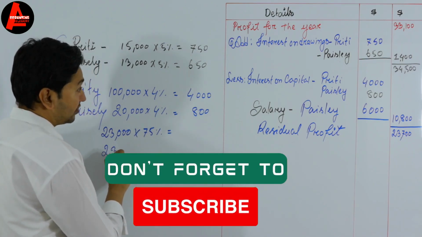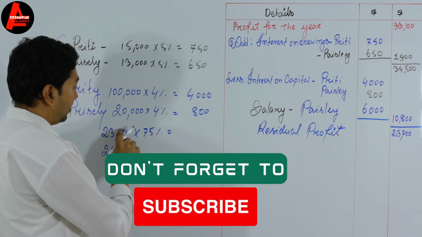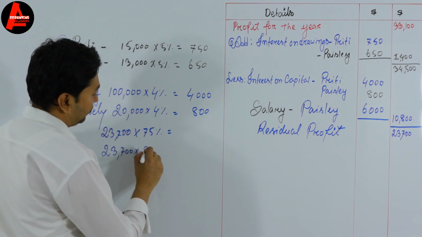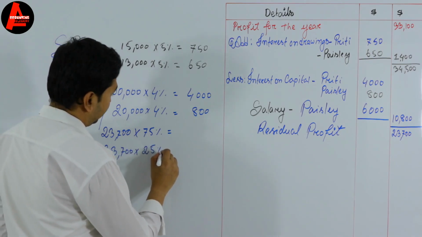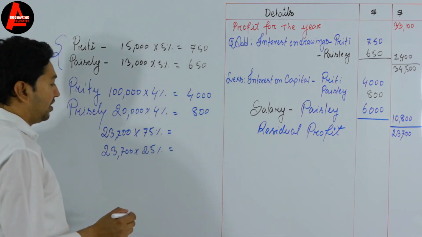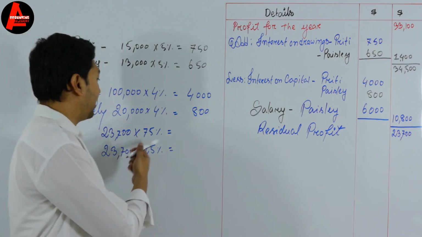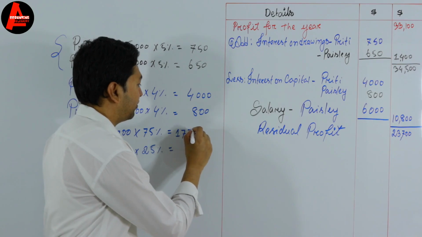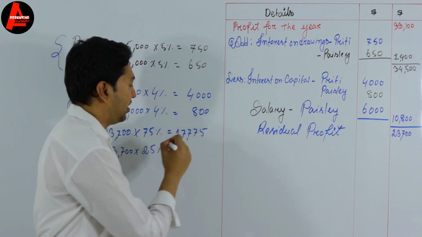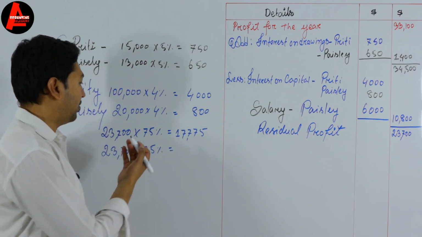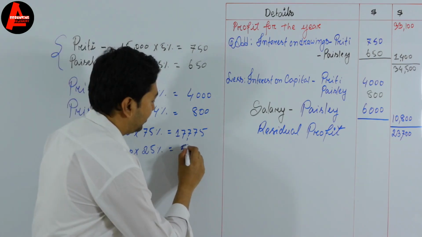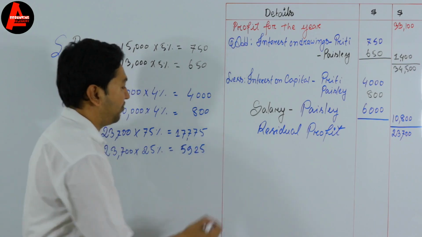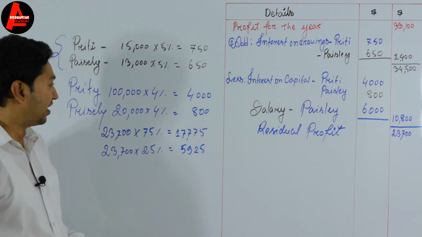Again $23,700 times 25%. This will be for Paisley. Okay, so here if we multiply, what you get? 17,775. Okay, and for Paisley 5,925. Okay, very simple calculation, nothing is complicated.